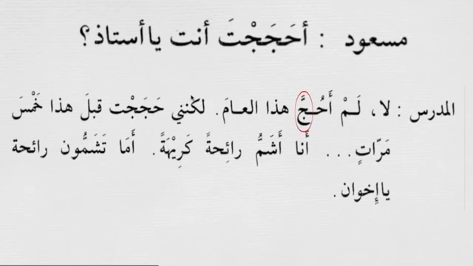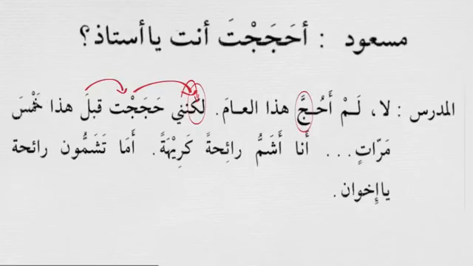Lakinnani. So again we have lakinna. So we are looking at the ism, which is noon wiqaya and ya mutakallim connected to lakinna. But I hajajtu. Again hajajtu. I performed Hajj. That's a khabar. Qabla is your maf'ul fihi connected to hajajtu. I performed Hajj qabla hada, before this, خمس مرات, 5 times.